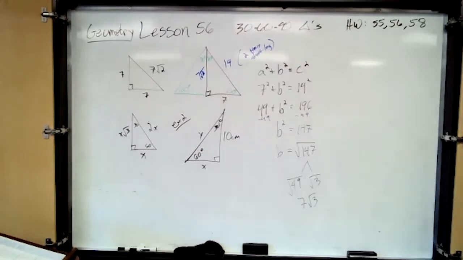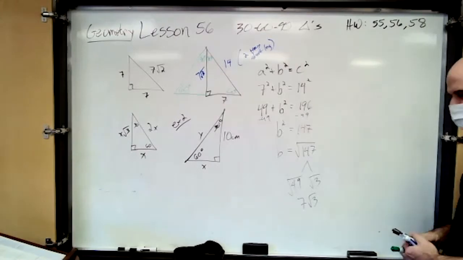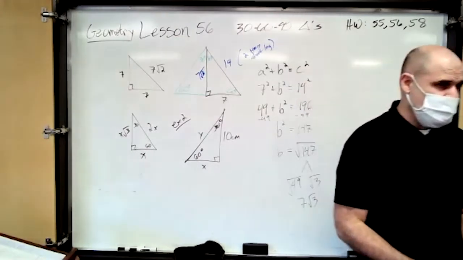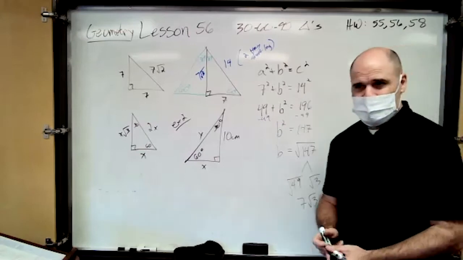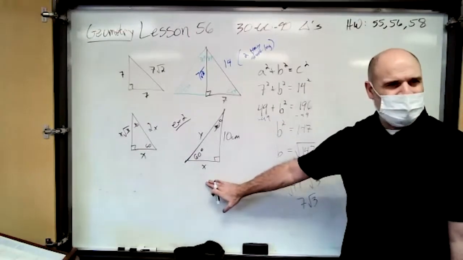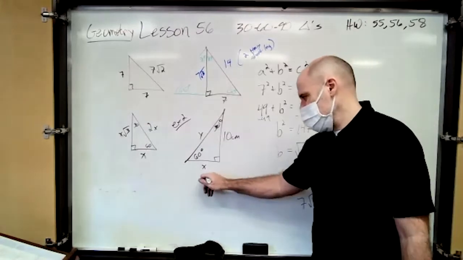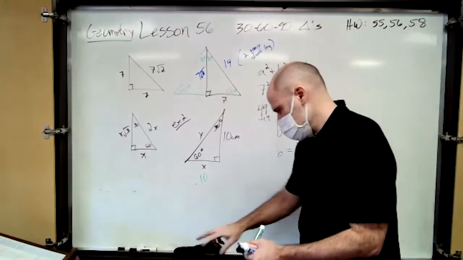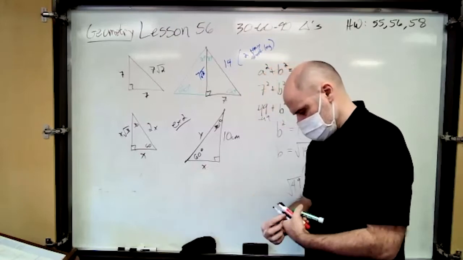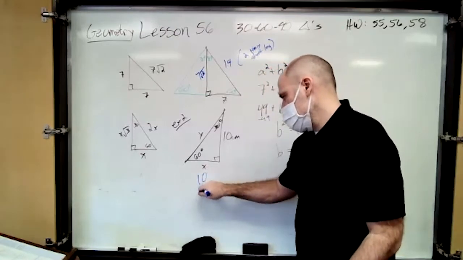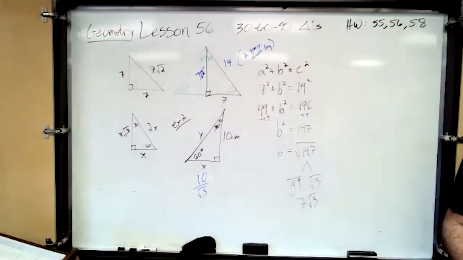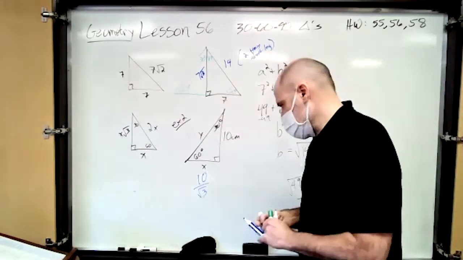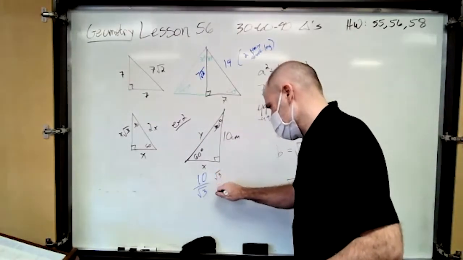So you have to divide by radical 3 to get the short leg. And you can't have a radical on the bottom. You can leave it in terms of radicals. You don't have to multiply it out, but you can't have a radical on the bottom. So what does this look like so far? You're just dividing by radical 3, right? So 10 over radical 3, but this is a no-no. How do you get rid of that radical 3? Yep, so you have to multiply by radical 3 over radical 3.